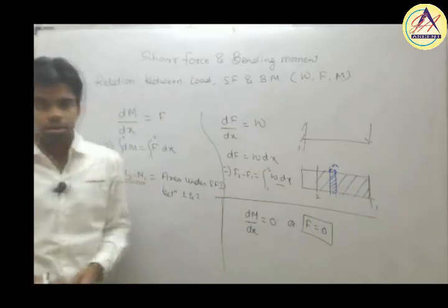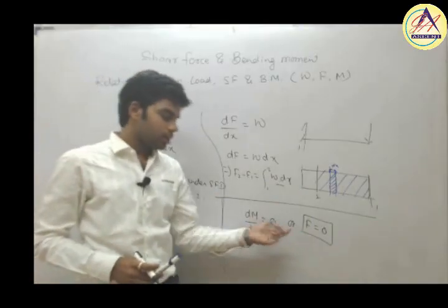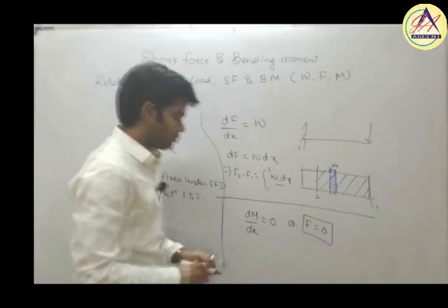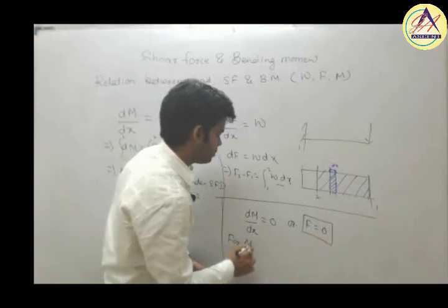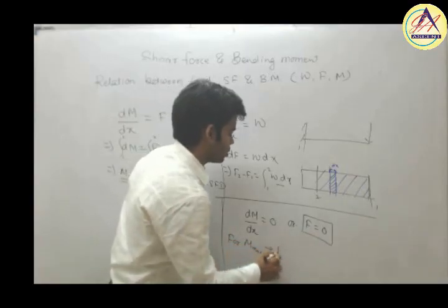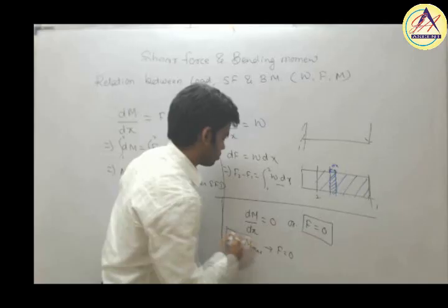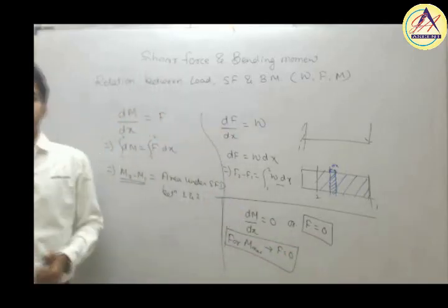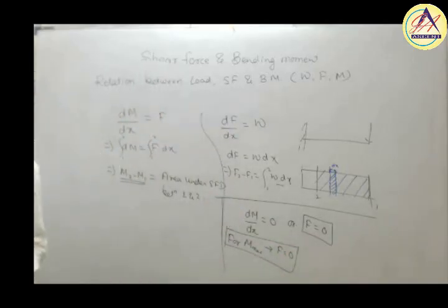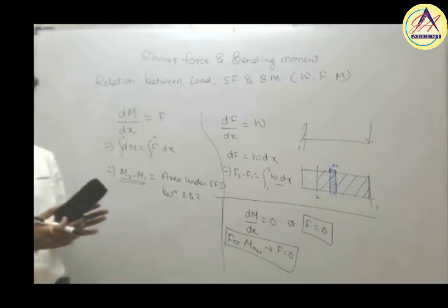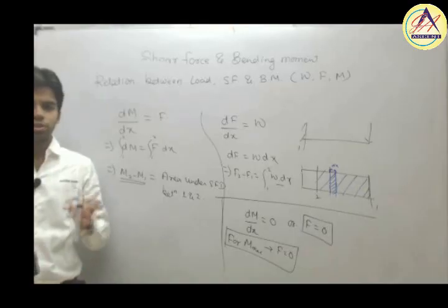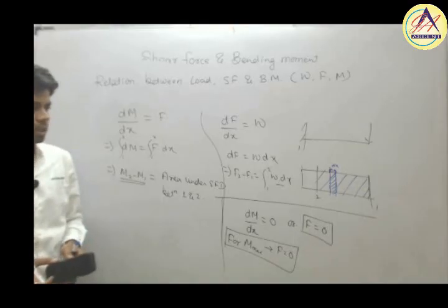Another important conclusion: at the point where bending moment is maximum, shear force should be equal to 0. Another important conclusion. Clear or not? Okay, so these are 3 to 4 things which are essential in order to draw the shear force and bending moment diagram.